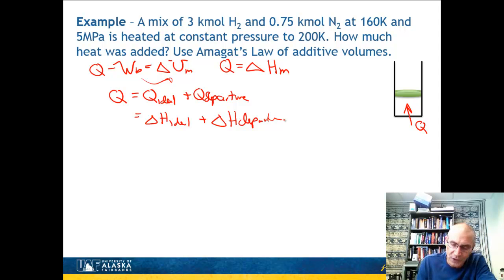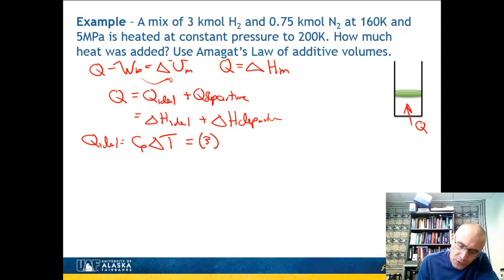And so first what we can do is find Q ideal, and that you can just have as Cp delta T. I can calculate either an average Cp or I can weight each one. And so I'll weight each one since I've got an extensive amount. I'll have my 3 kilomoles of hydrogen, with Cp at 300 K, about 28.6, just because I've got that in the table.